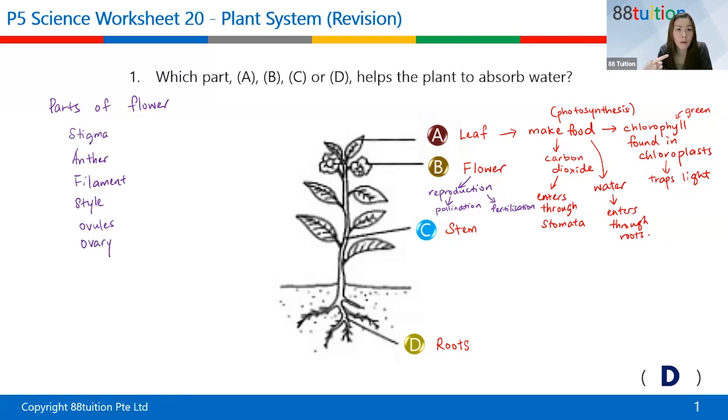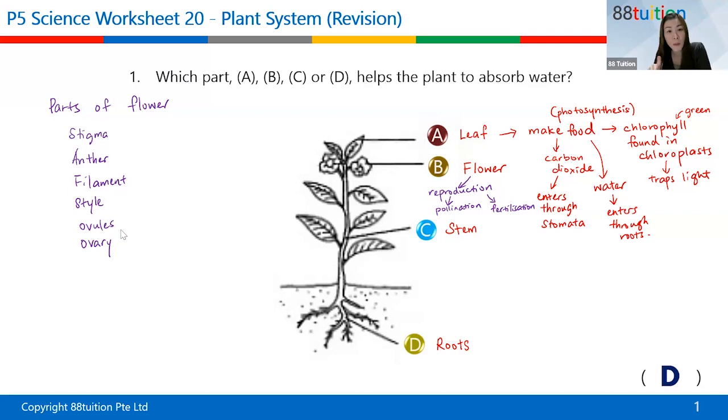Which part of the flower develops into the fruit? Which part? Giselle, come quickly. I wait for your answer. And then what do you think will actually form the seeds? I'll wait for Giselle's answer. She put out her hand very fast, you know. Okay, very good. I see some of you already put it in. Most of you got the answer.